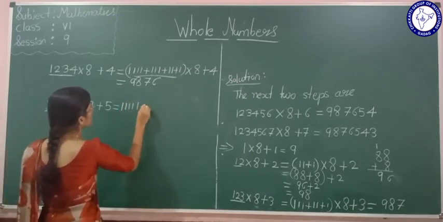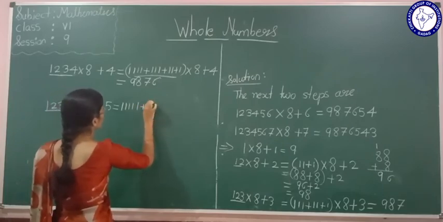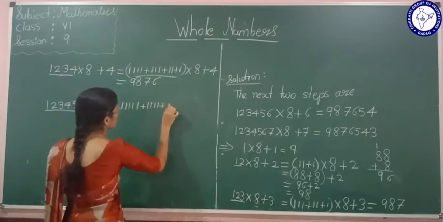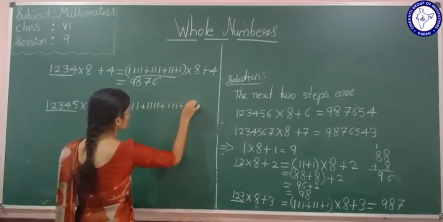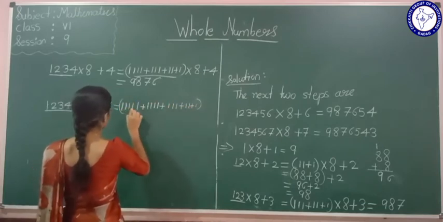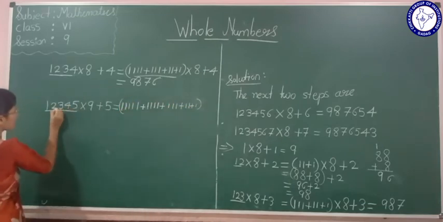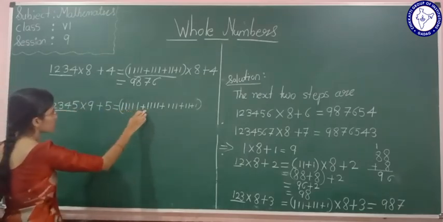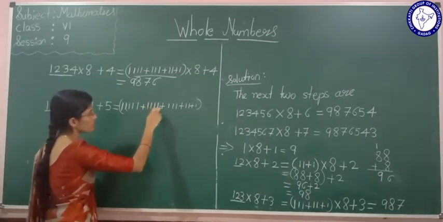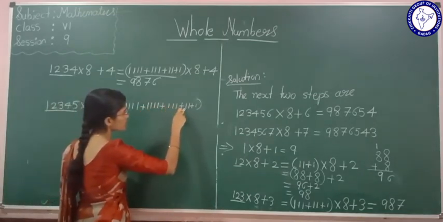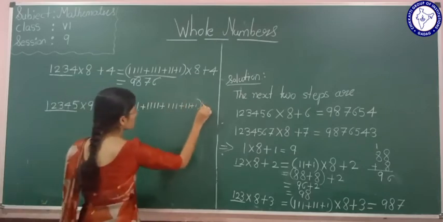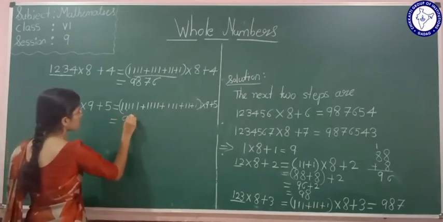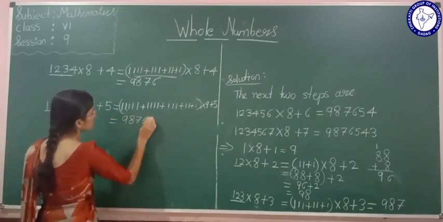This 12,345 can be written as 11,111 plus 1,111 plus 111 plus 11 plus 1. If you multiply by 8 and add 5, you are going to get 98,765.